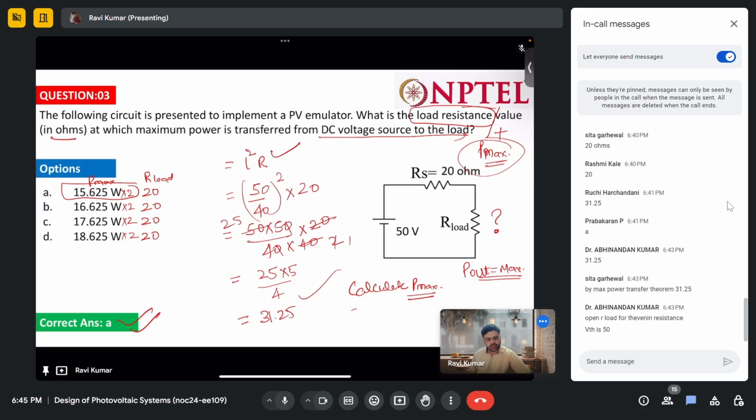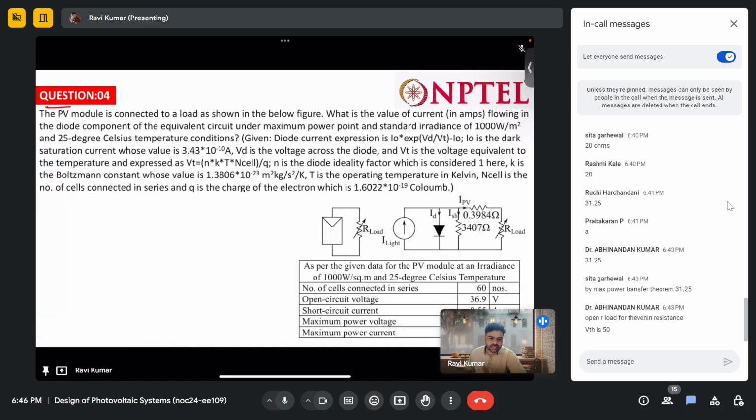Okay. Let's move to the next question, which is question number 4. It says the PV module is connected to a load. This is the picture being shown here, with the electrical circuit.